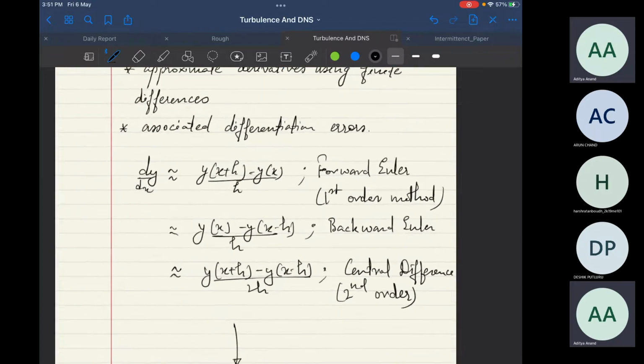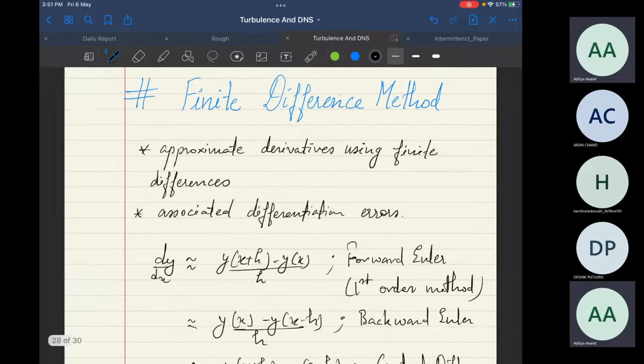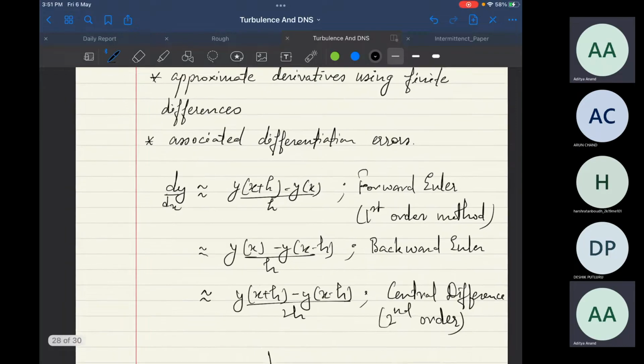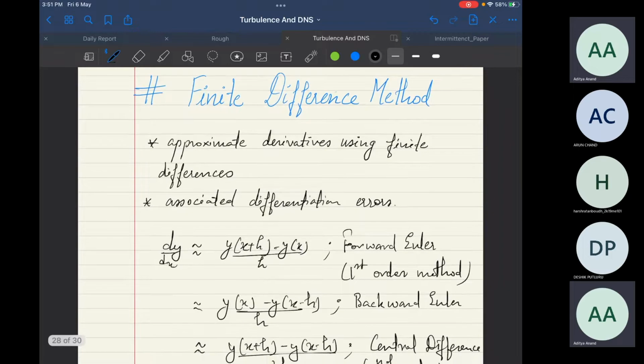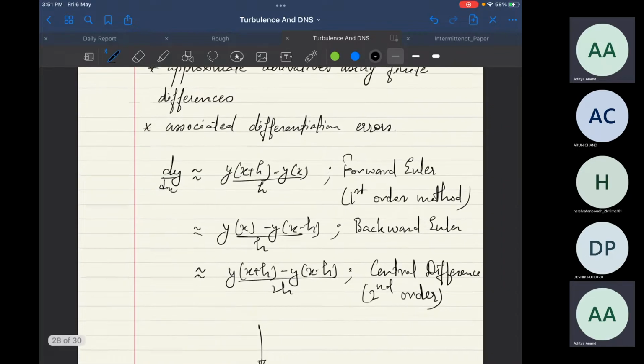In these methods, what we do is we approximate our derivatives using finite differences. Now, the associated differentiation errors are higher in this case. I'll talk about what these errors are and why they're higher later on. But how finite differences approximate these velocity derivatives, for example, here the first derivative of y with respect to x is approximated using forward Euler and backward Euler.